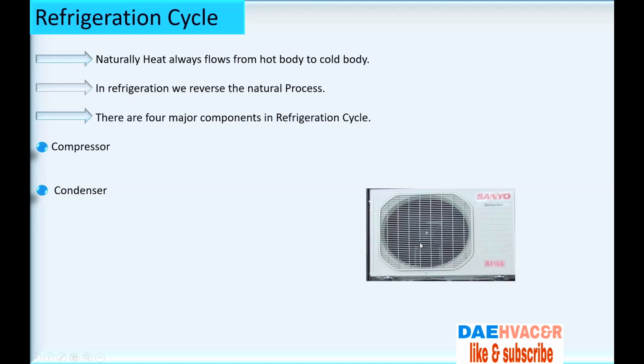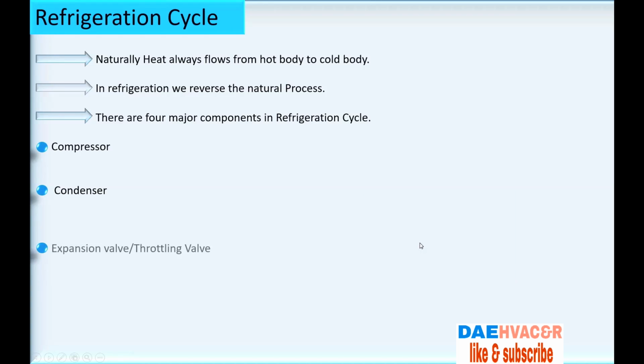The third component is the expansion valve or throttling valve. After the condenser we have high pressure liquid, so we need to convert it into low pressure liquid. This purpose we can achieve by an expansion valve or throttling valve.